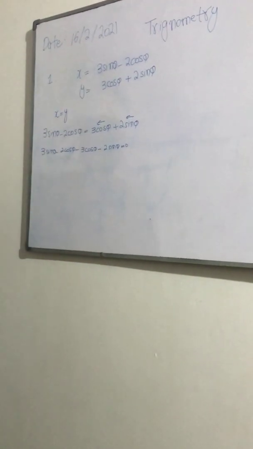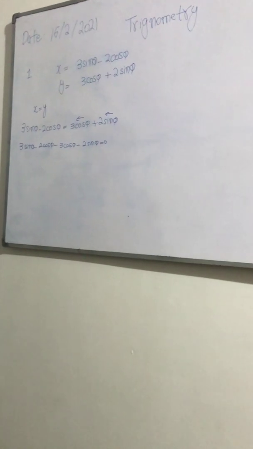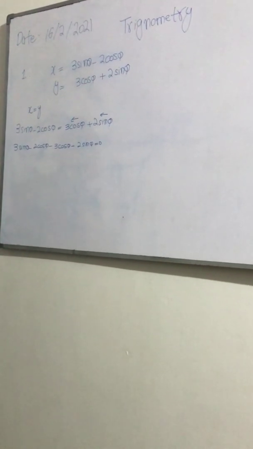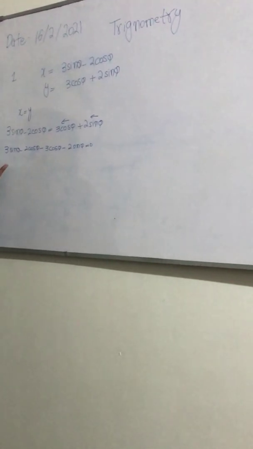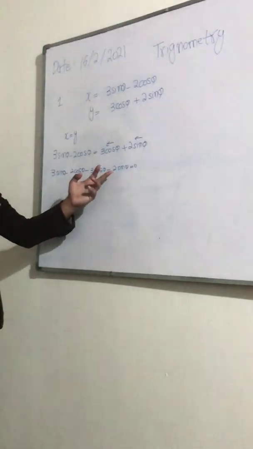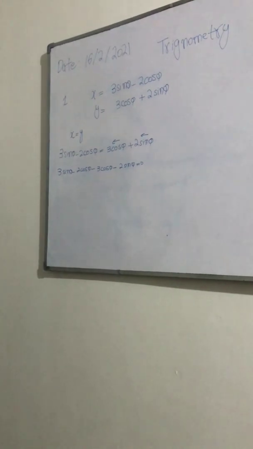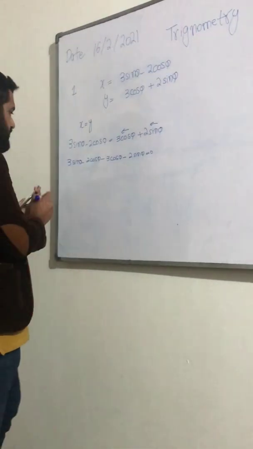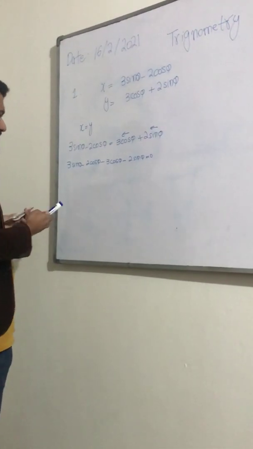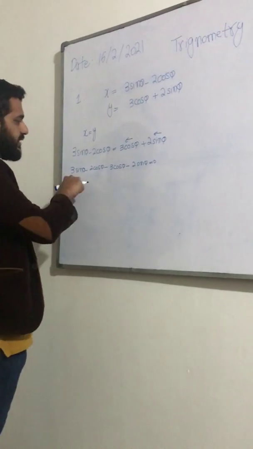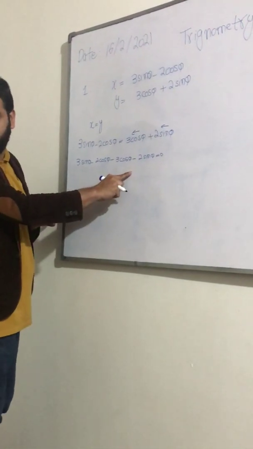Okay, so now beta, as you already know, we can subtract the coefficients of sin theta from sin theta and cos theta from cos theta. So here we must rearrange our equation, and we have to write sin together and cos together. Okay, any problem?